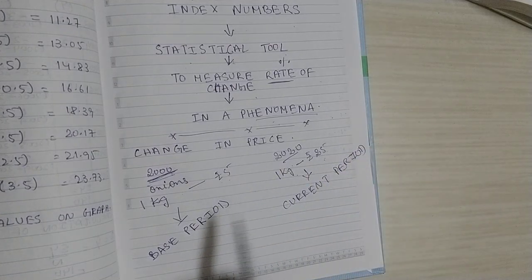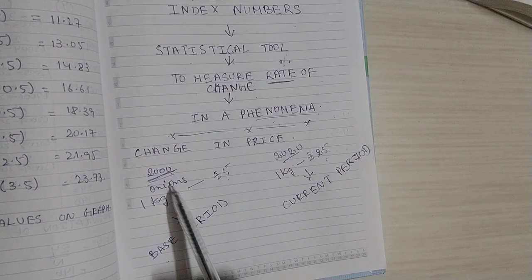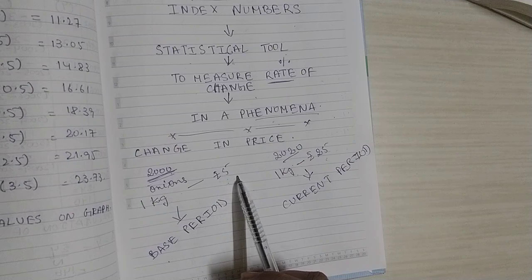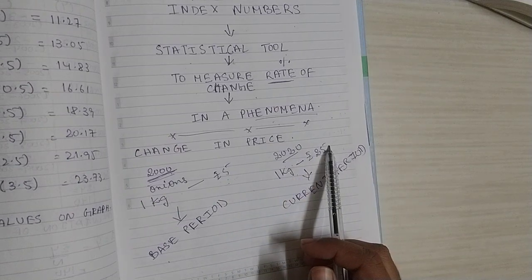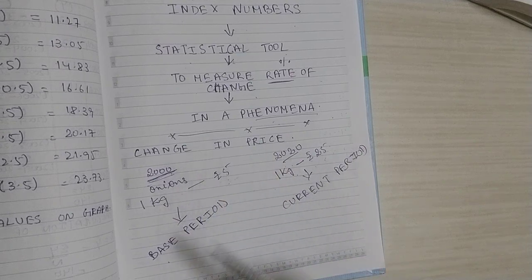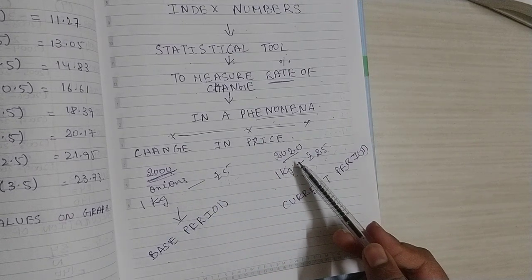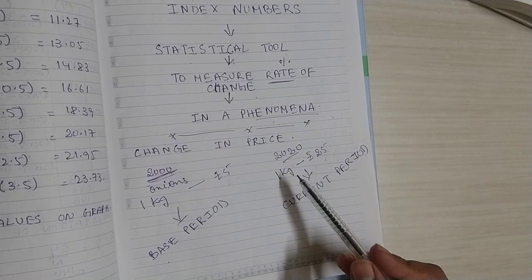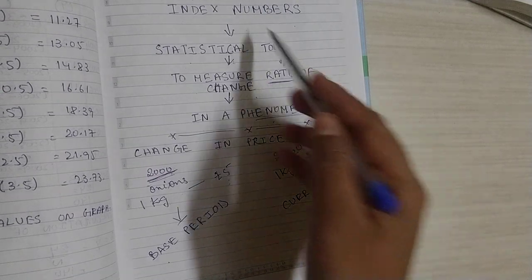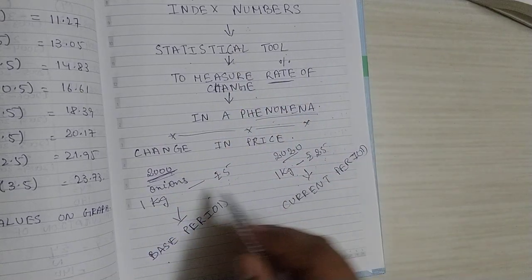Now how do we measure this change? In the base period, that is the year 2000, 1 kg onion was 5 rupees. Now in 2020, 1 kg of onion is 25 rupees. To what percentage has the onion price increased in 2020? For this, we will apply the formulas of index number and study the rate of change.